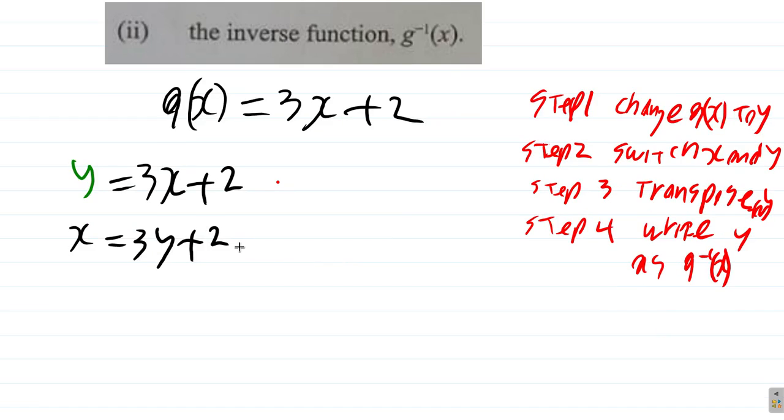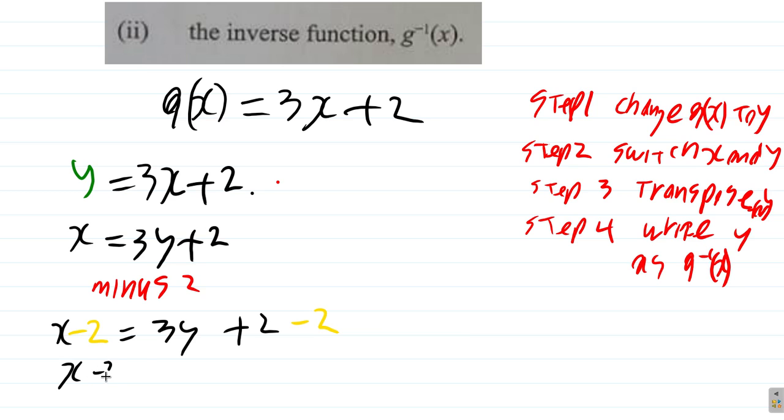This is usually the hardest part in inverse functions. You can subtract 2 from both sides, so you minus 2 from here, minus 2 from here. So you get x minus 2 is equal to 3y.